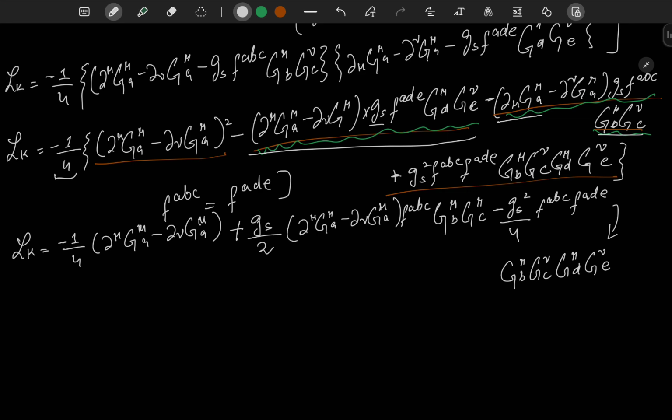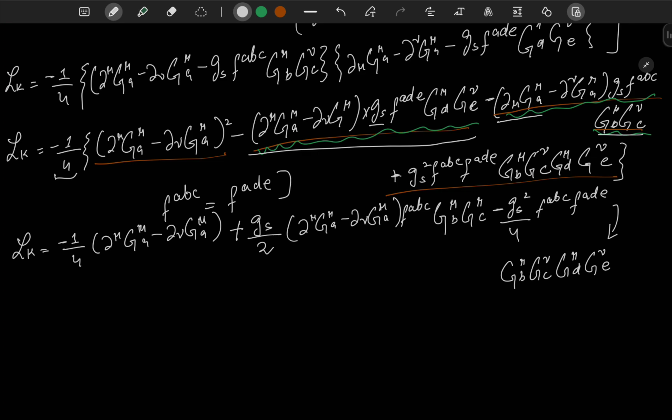Okay, so this is the complete kinetic energy term, and we are seeing some 3 gluon interactions and 4 gluon interactions.